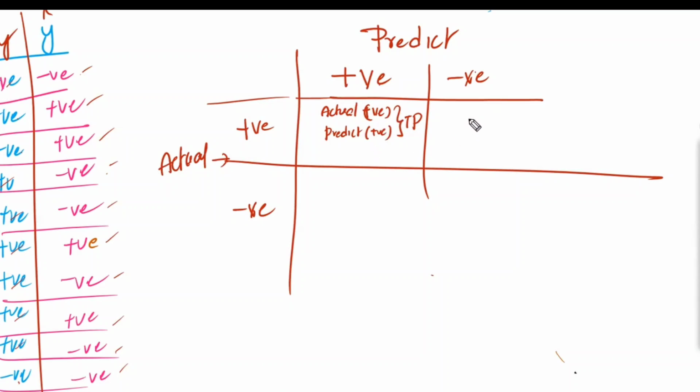Now this cell belongs to actual positive, predicted negative. What is this cell called?